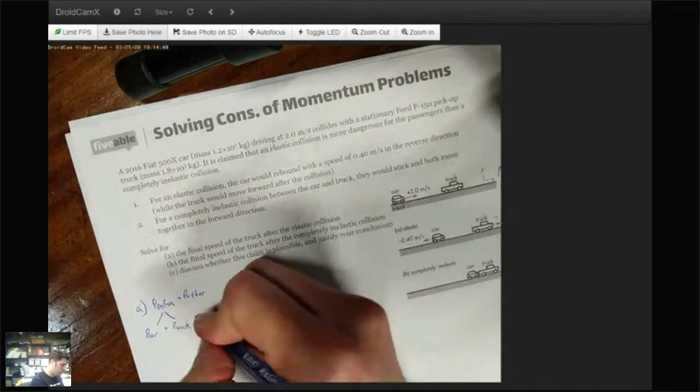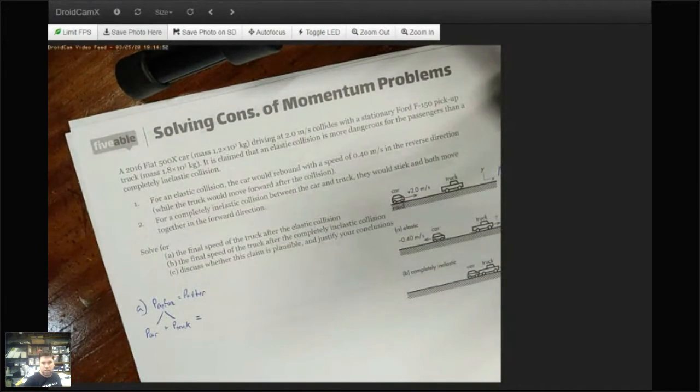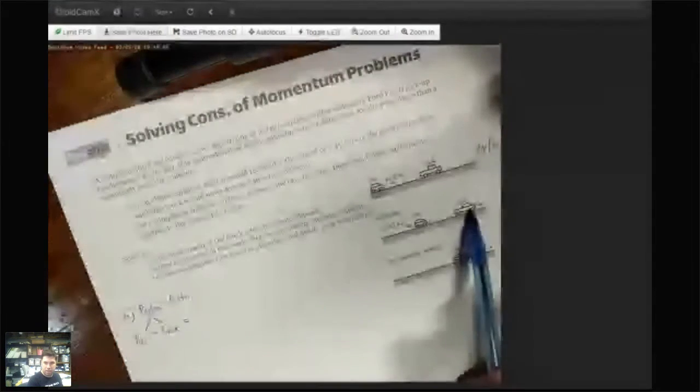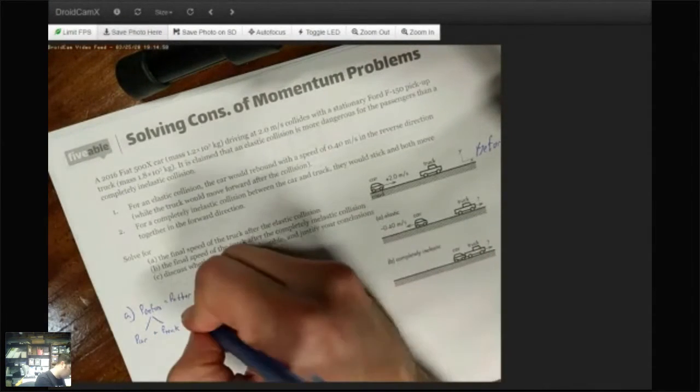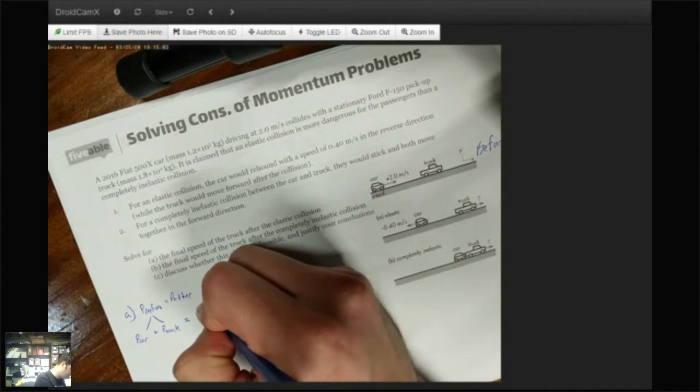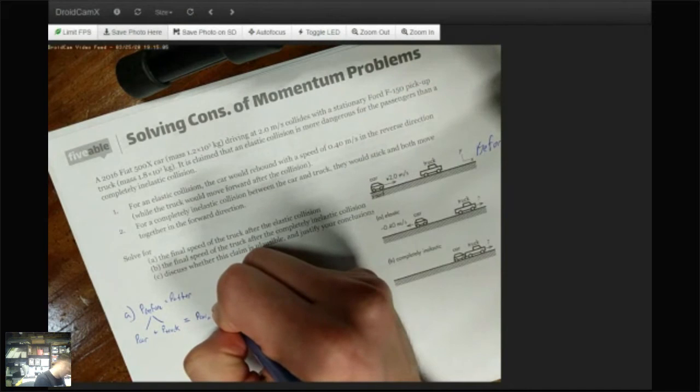And then afterwards, I must get the momentum of, again, the car and the truck as two separate things. So this is P car after plus P truck after.